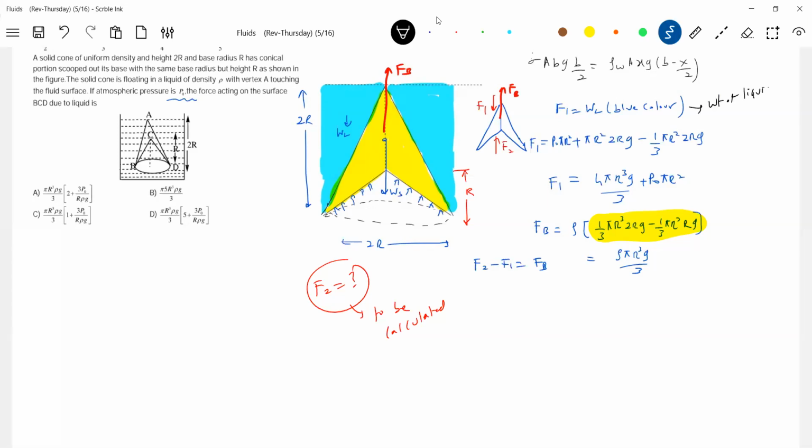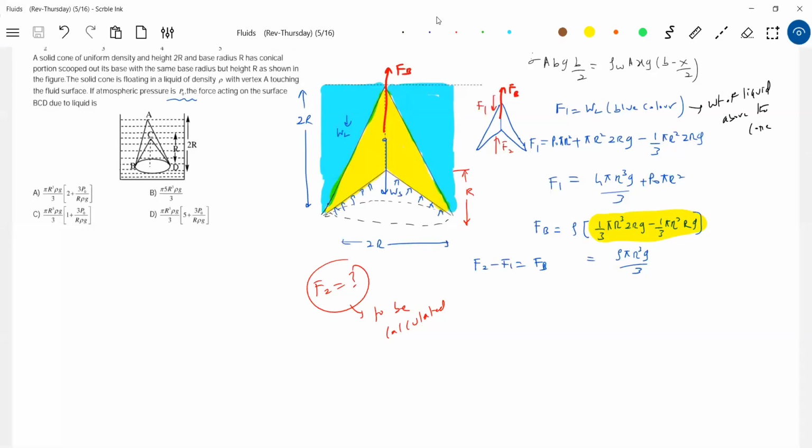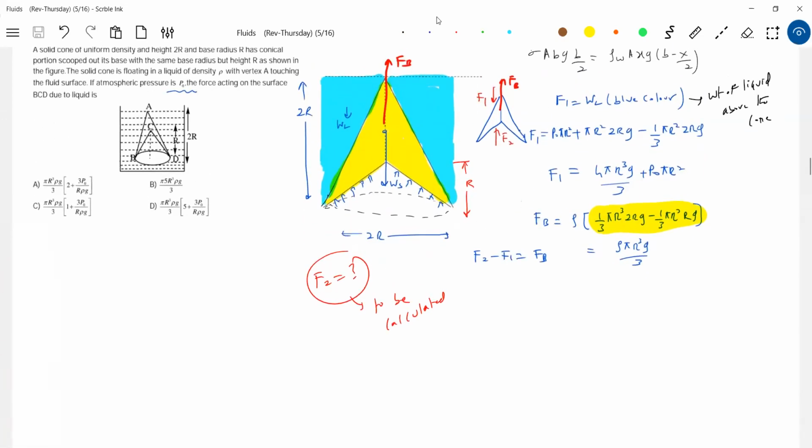Weight of liquid above the cone. Okay, solving this, we'll get this F2. A little bit in either way he has asked this question. This is also a very popular question, can be asked in mains or advanced anywhere. Here I removed a cone, you may remove a hemisphere, anything. Now this idea.